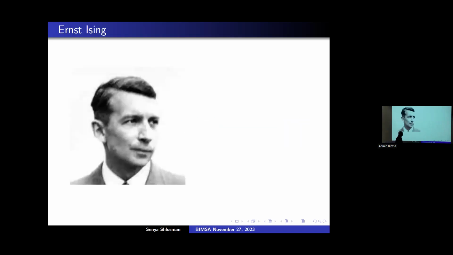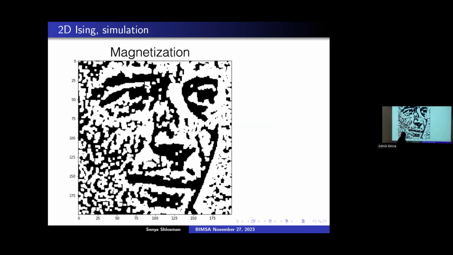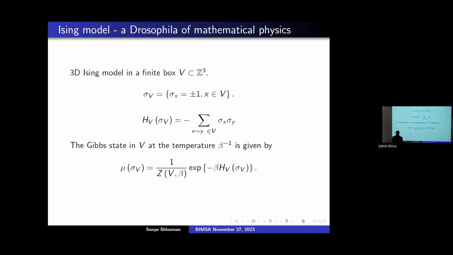Here you see him, that's Professor Ernst Ising, and here you see a 2-dimensional simulation of him. By studying this model, he made himself a very well-known person. So people do many things in his memory. So that's his picture.